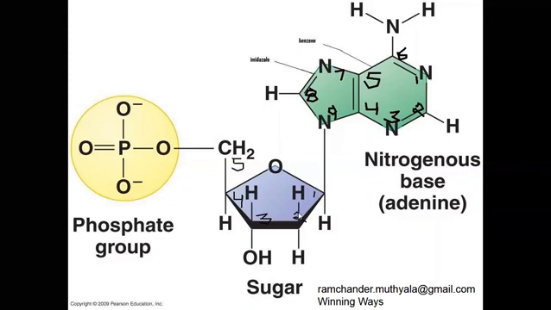Each pentose sugar is connected with nitrogenous bases with a glycosidic bond. Between the nitrogenous bases and sugar molecules, glycosidic bonds are present. See children, these glycosidic bonds are again divided into two types.